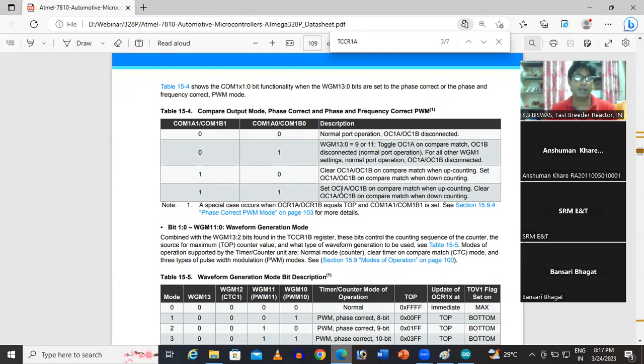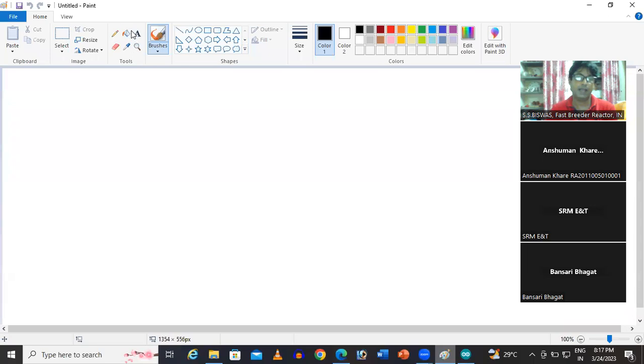Here 11 signifies that the output compare pin will be set on match while up counting, and cleared while down counting. Let us understand it. In phase correct mode, the timer will go from its initial value to maximum, then again from maximum to minimum.